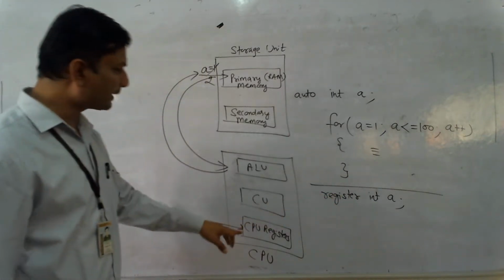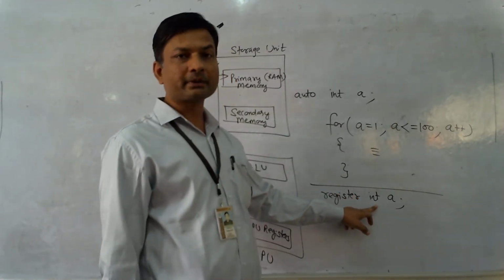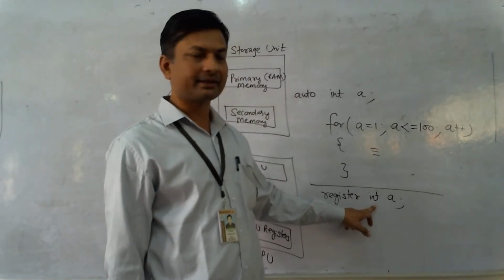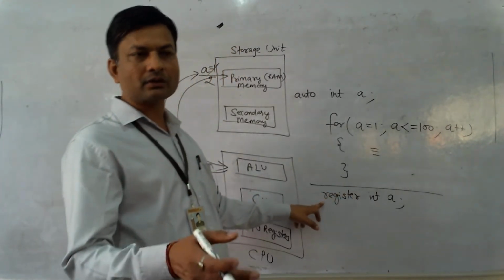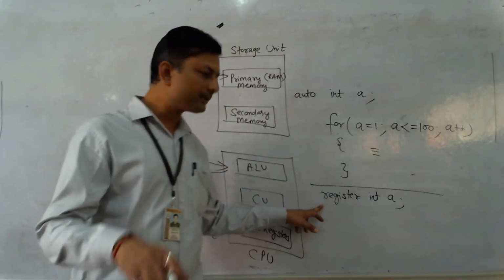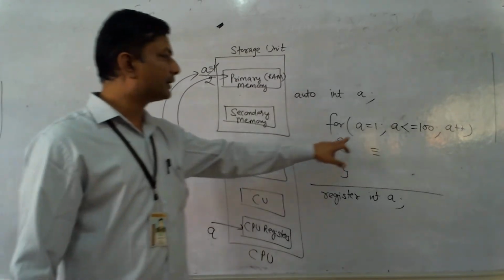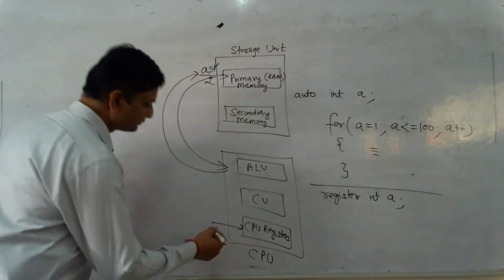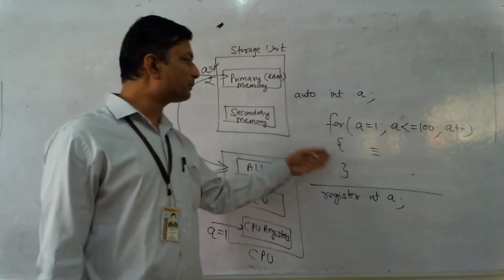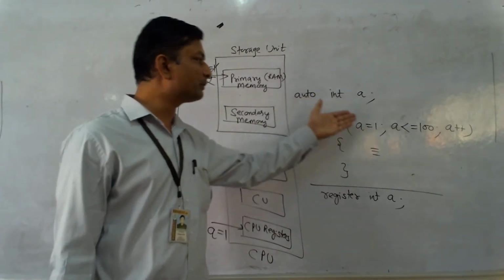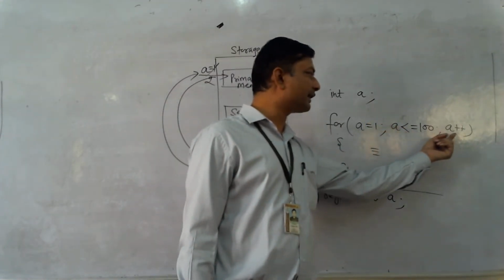So A will occupy 2 bytes of memory. Why 2 bytes? Because its data type is int, and it belongs to register storage class, so it will occupy space in CPU registers. As per this loop, the initial value of A is 1, and in this loop the value of A has to be increased till 100, means 100 times.